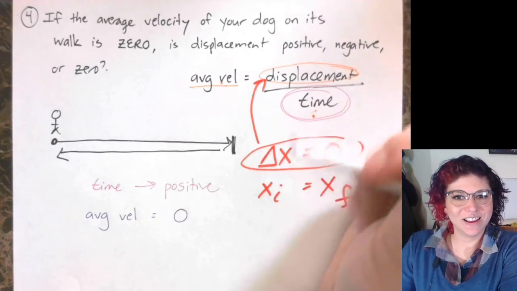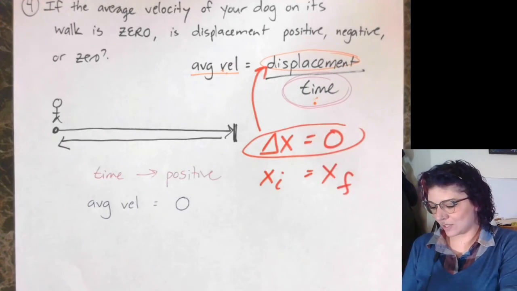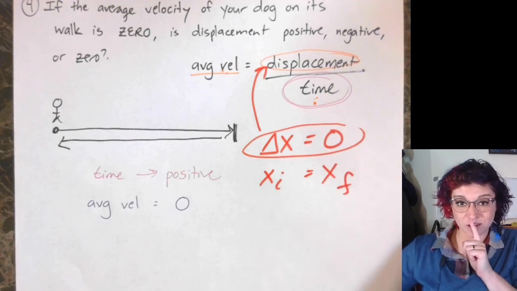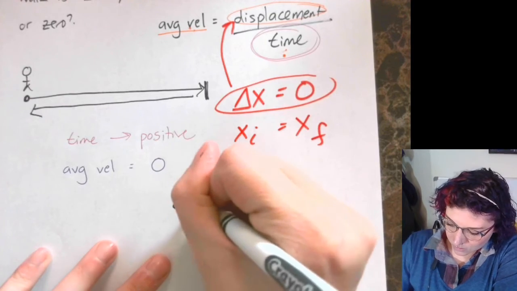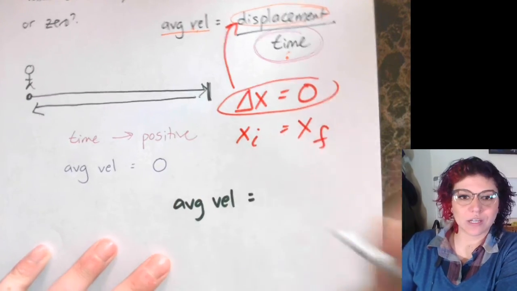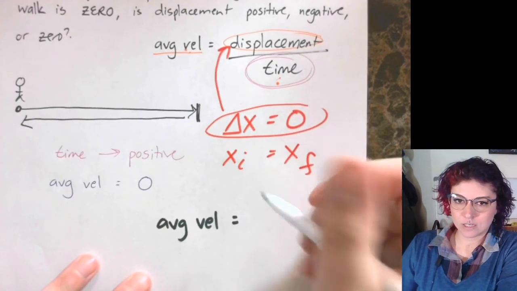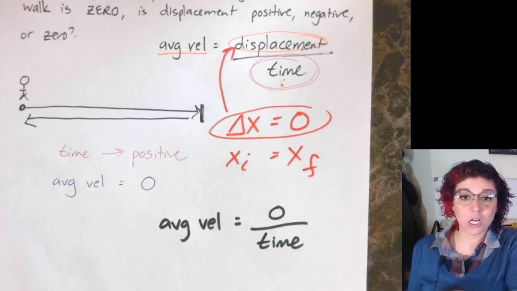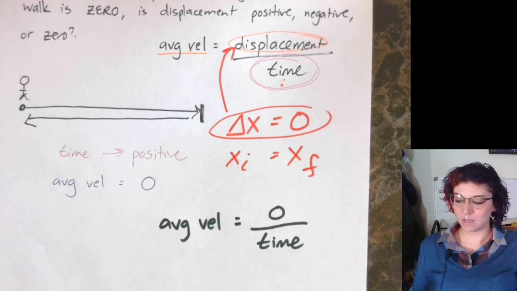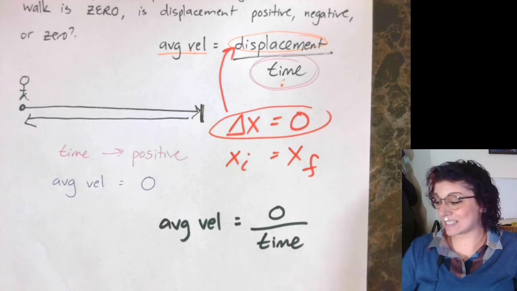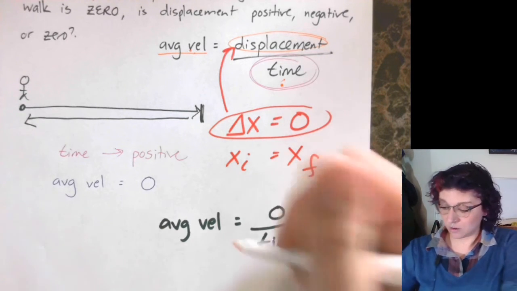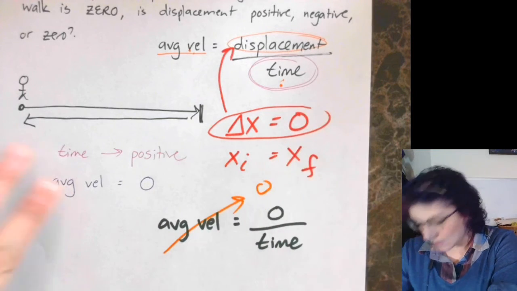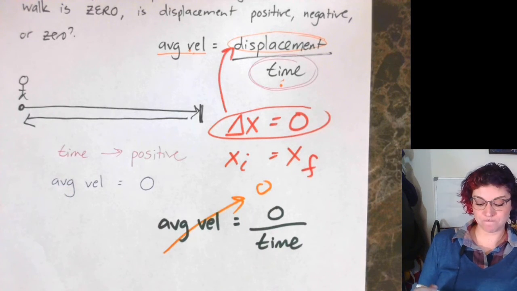So if we look at this equation, what we're really working with here is average velocity equals 0 over some amount of time. Because we have that 0 in the numerator, average velocity goes to 0.